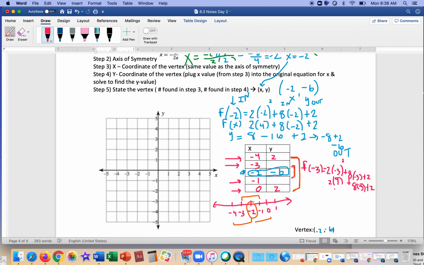So then you multiply, so we get 9 times 2 is 18. Then 8 times negative 3, we are going to get negative 24.